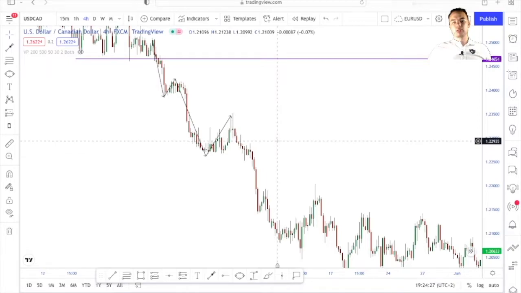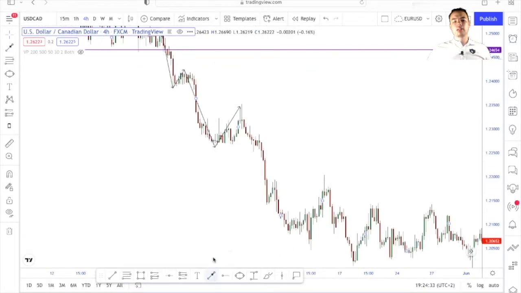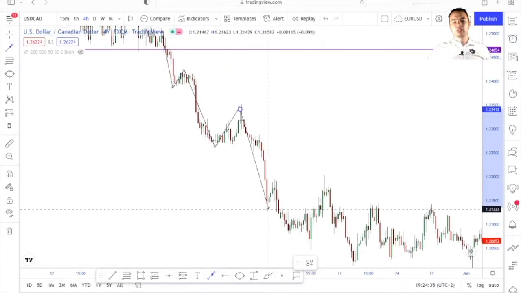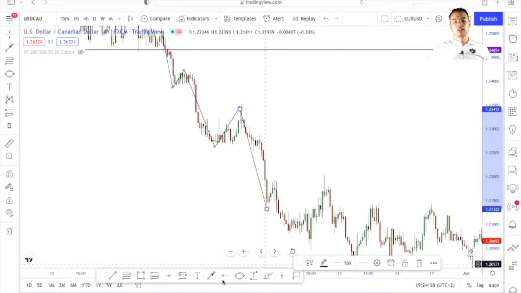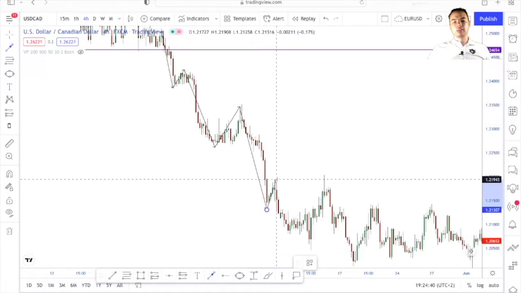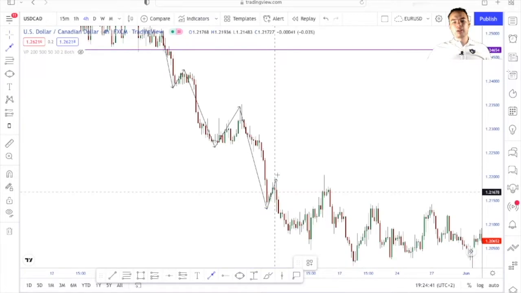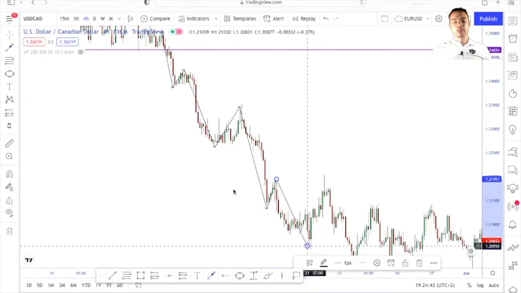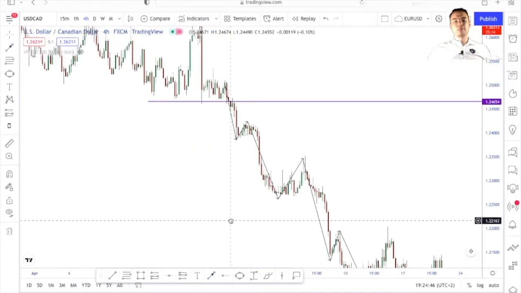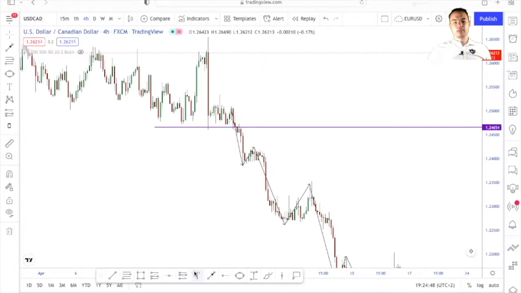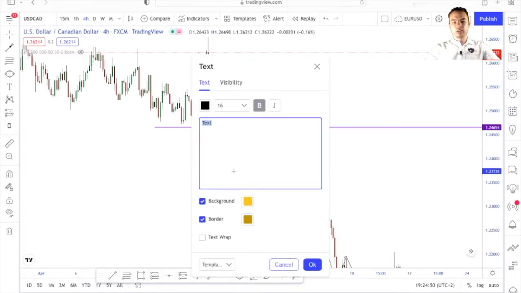Then price comes down, lower low. Retraces up to form a lower high. So price will come down, form this lower low this time.